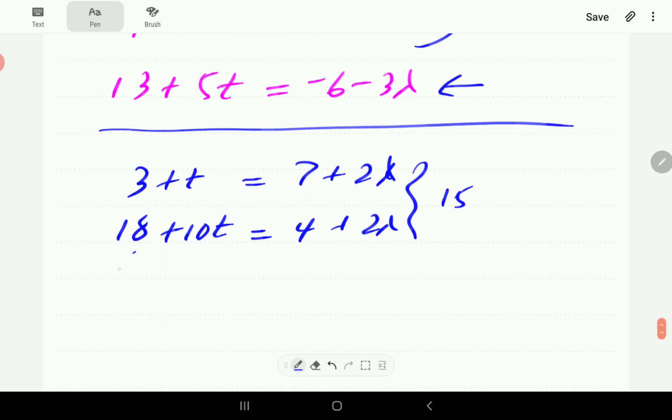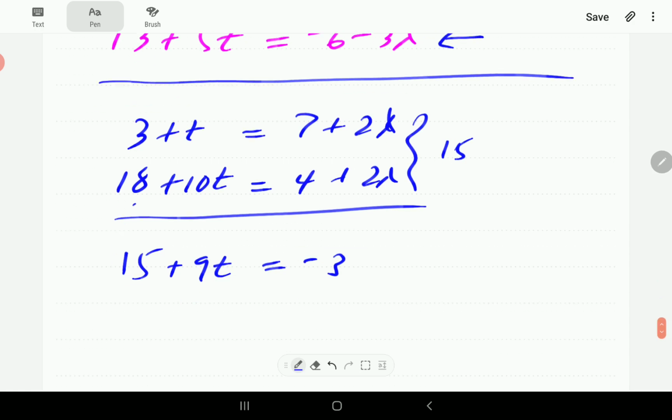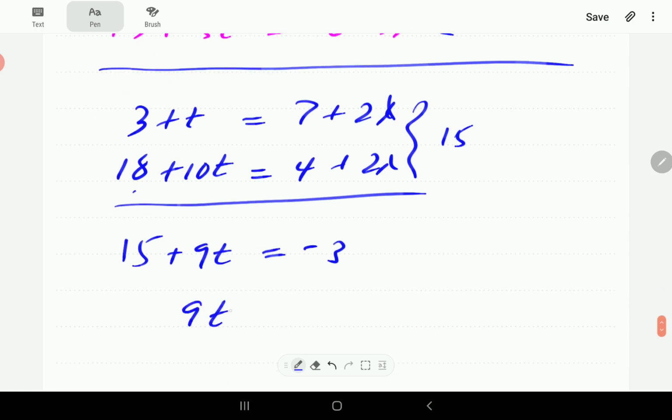So it's going to be 15 plus 9t. 4 minus 7 is minus 3, and that's going to be 0. So 9t is going to be negative 18. So t is negative 2.